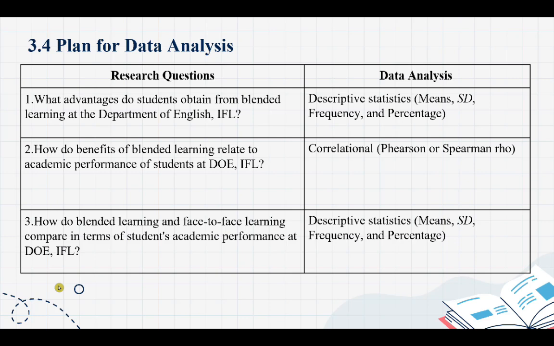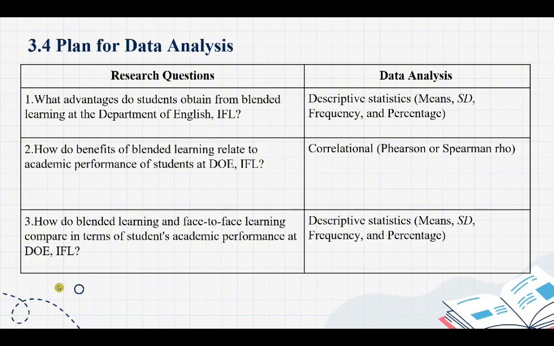I am talking about the plan for data analysis. We will do our data analysis based on our research questions. As you can see, we have three research questions. Question number one, we talk about the possibilities of advantages that students receive from blended learning.